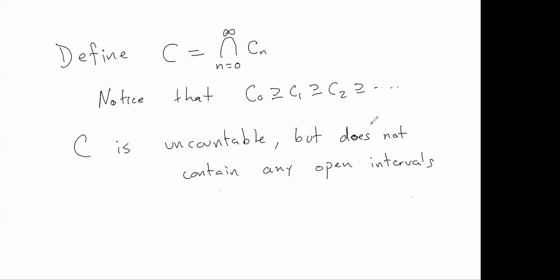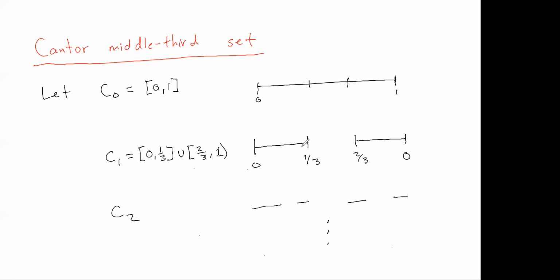And then how do I get C2? Well, now I take the image of this under the two maps, and I'll get one of these two sets and one of these two sets. So actually, let's write right here.